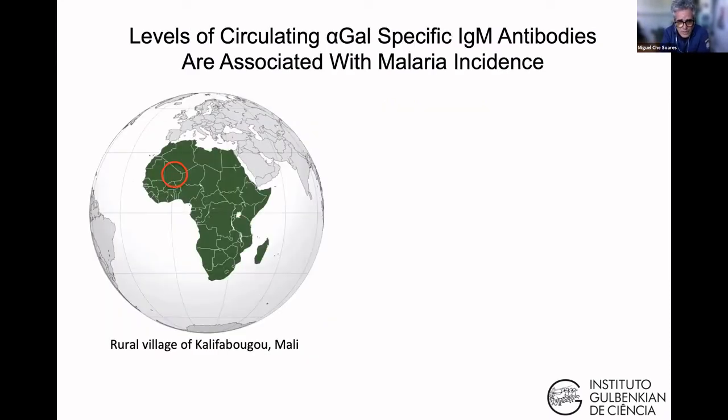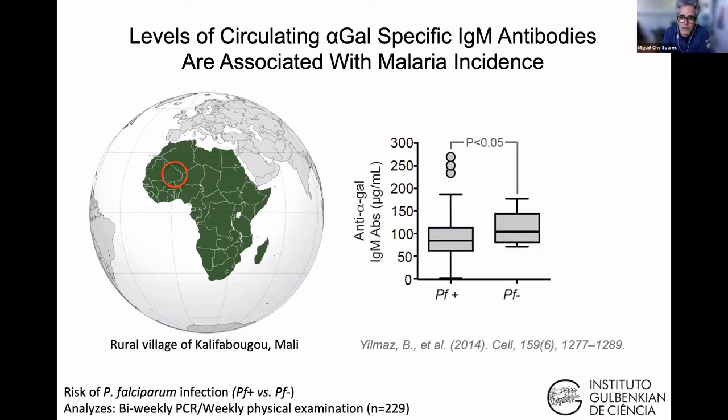We went back to the population that lives in an endemic area of malaria, and our colleagues at NIH found that individuals who do not get infected through a wet season in an endemic area tend to have higher levels of anti-alpha-gal IgM antibodies than those who get infected. This is a very small minority of the population, because almost everybody does get infected.